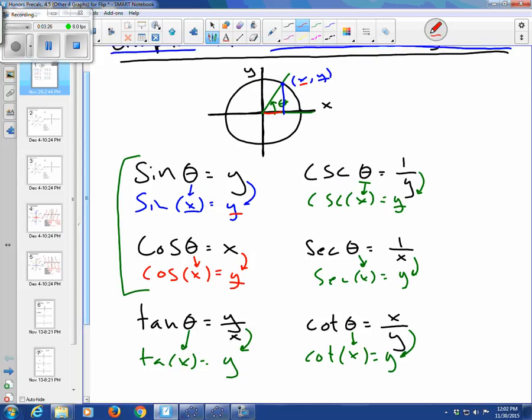So just to be specific, wherever that terminal side meets the unit circle, that ordered pair defines the x and y values that we are using to define these ratios. So basically what we've got is 4 functions coming from these other 4 ratios.